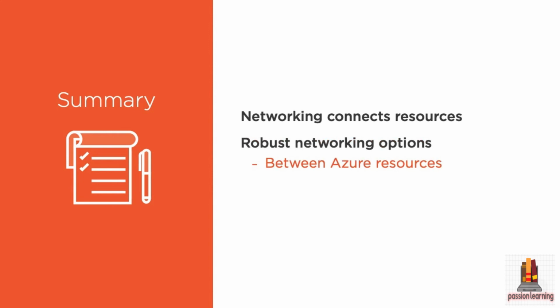And you can use those different options for managing connections between resources, things like those service endpoint policies and the virtual networks, as well as between Azure and external resources. That might be through the public IP addresses and the network and application security groups, or using ExpressRoute or those gateways to connect your Azure resources to resources in a data center outside of Azure.